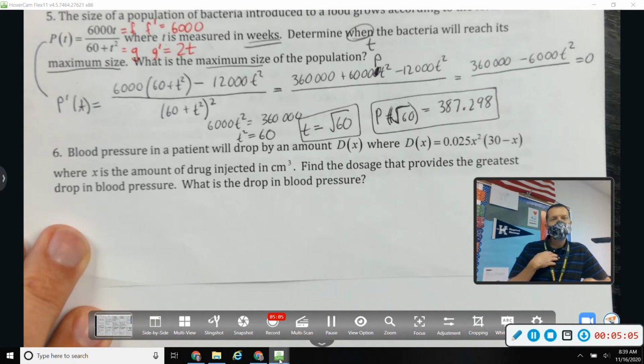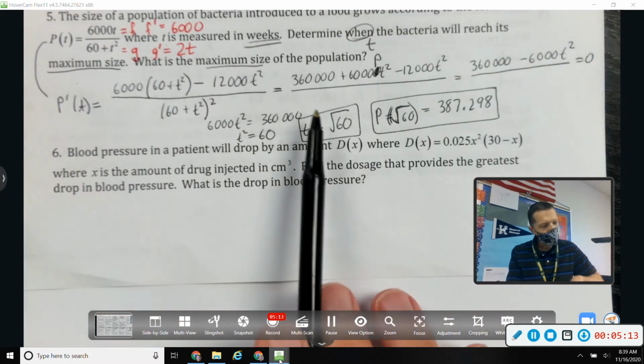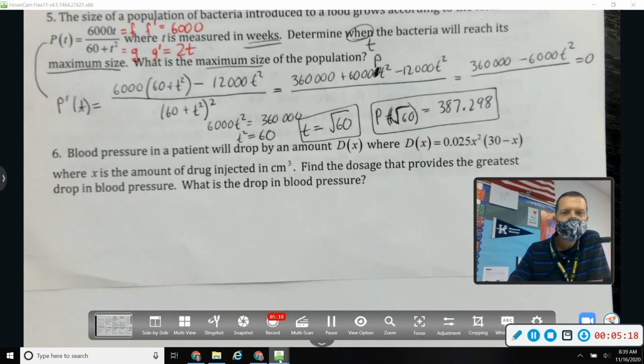That one had a quotient rule thrown in there. So all these problems that are applications of derivatives mean we still need to know how to do all the derivatives, including things like quotient rule, sines and cosines, all that stuff.